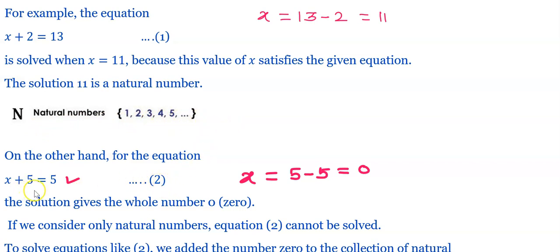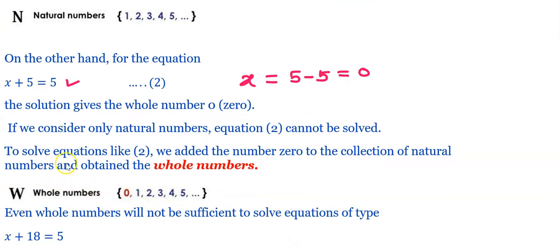On the other hand, if I solve the equation x + 5 = 5 and shift this 5 to the right-hand side, it will become x = 5 - 5, and that equals 0. The solution gives the whole number. If we consider only the natural numbers, then this equation cannot be solved.